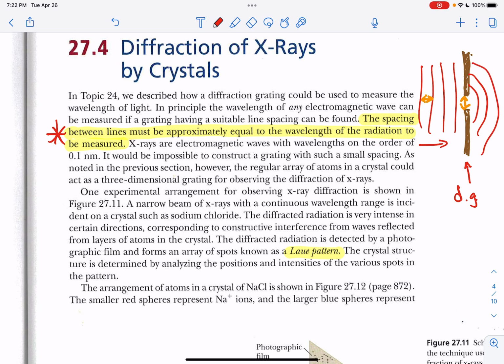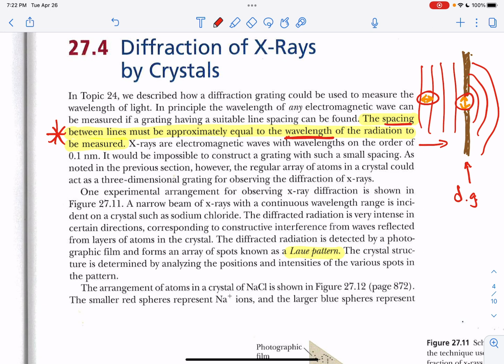That's what this statement is saying, that the spacing between the lines right there must be approximately equal to the wavelength of the radiation. There's your wavelength right there.